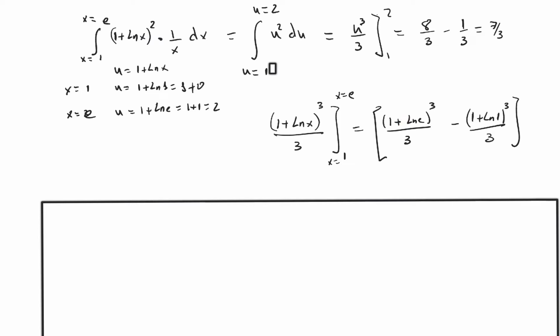It will be 1 plus log of e, which is 1, 2 cubed is 8/3, minus log of 1, which is 0, 1 cubed is 1/3. It is the same thing.